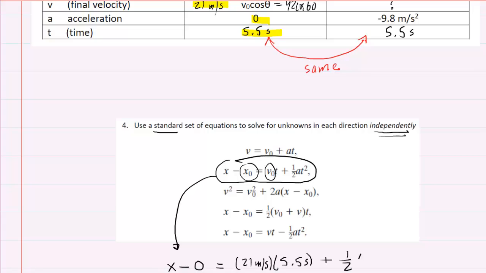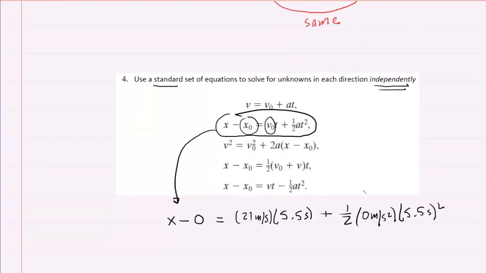And then we have plus 1/2 multiplied by the acceleration. The acceleration in the horizontal direction is 0 meters per second squared, multiplied by the time squared. So that's 5.5 seconds squared. This is nice, of course, because this entire term will just go to 0, and we would be left with x is equal to 21 times 5.5.